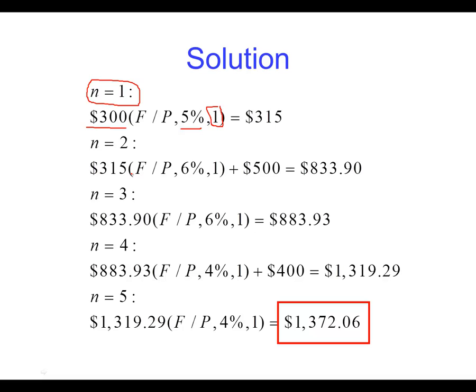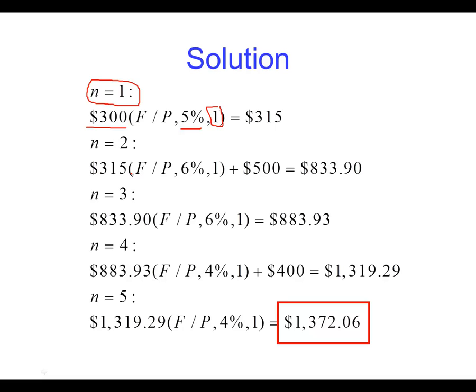Now for the second period, the 315 will move forward to the end of the second year, which will equal 315 times the factor of future given present with 6% and 1 year.